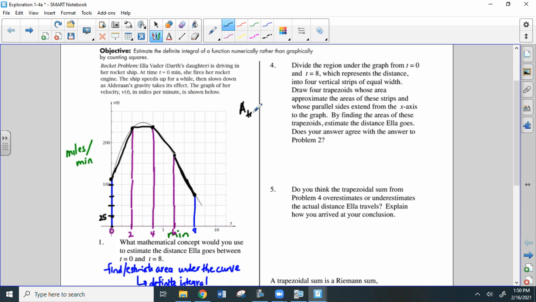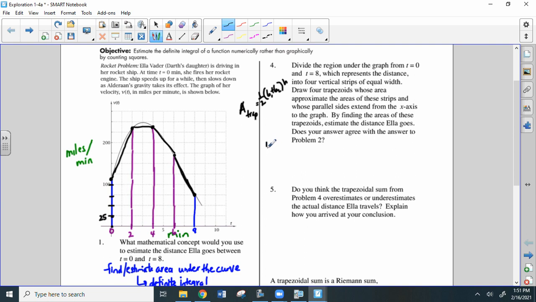Area of a trapezoid is 1/2 base 1 plus base 2 times the height, or in our case, that's going to be our width along the bottom. So base 1 and base 2 are actually the sides of our trapezoids, and the height is actually on the bottom.